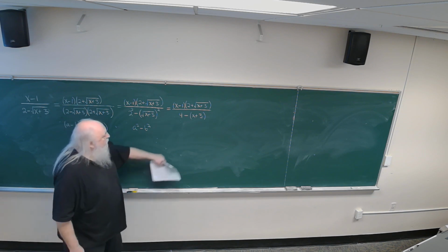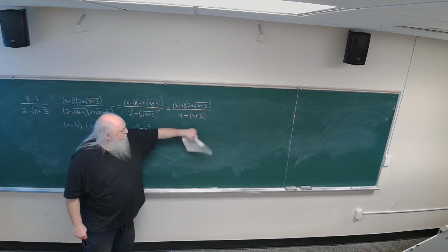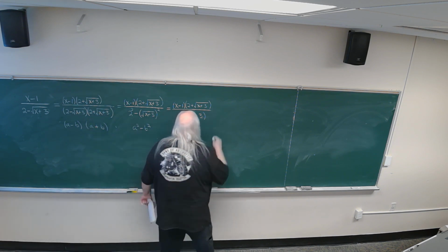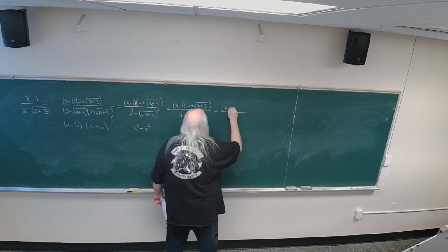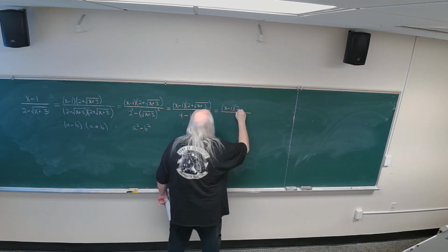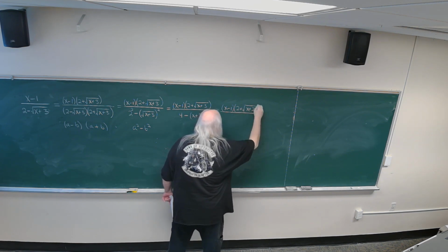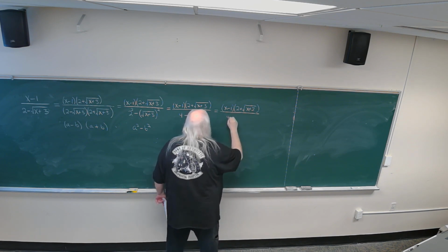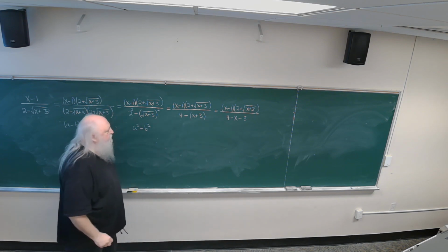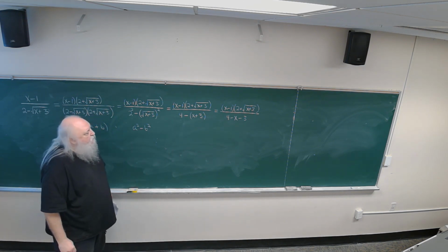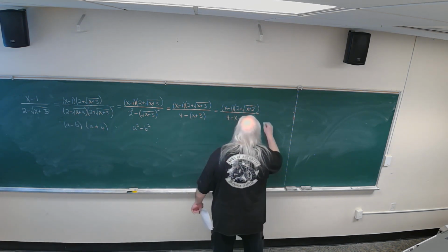Out front of this left parenthesis is the invisible minus 1, so we distribute the minus sign inside the parentheses and are left with 4 minus x minus 3. That's what the denominator simplifies to after you distribute the minus sign.